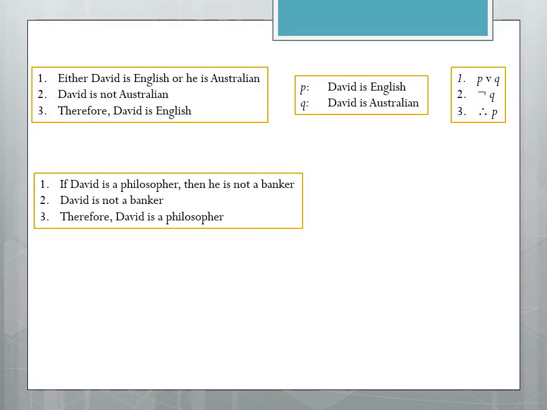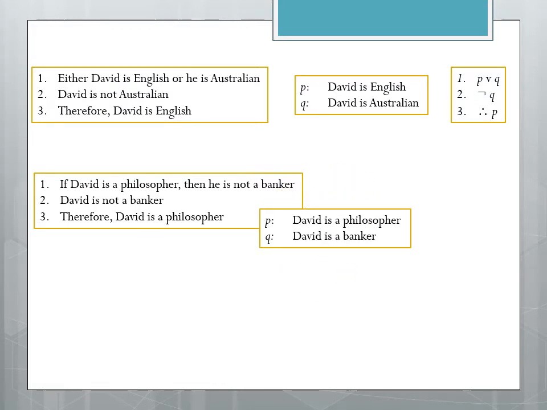Therefore David is a philosopher. Take a moment to see if you can identify all the simple declarative sentences that are contained within that argument. Hopefully you've seen that there are two such sentences, and so again we'll use P and Q to denote them.